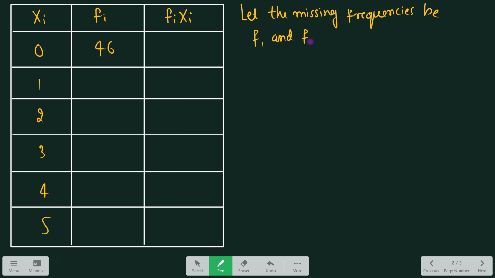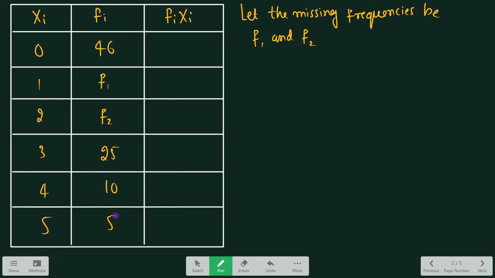The first frequency is F1, the second frequency is F2, because they are missing. Then 25, 10, 5. Then the total of frequencies they have given.